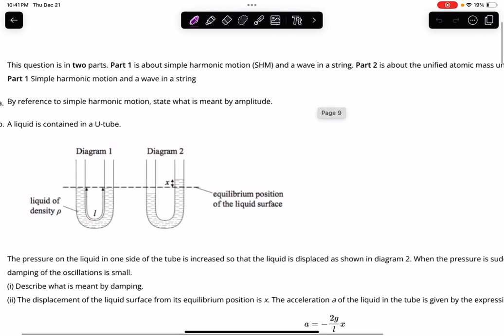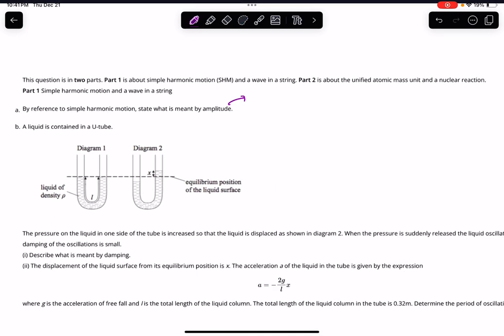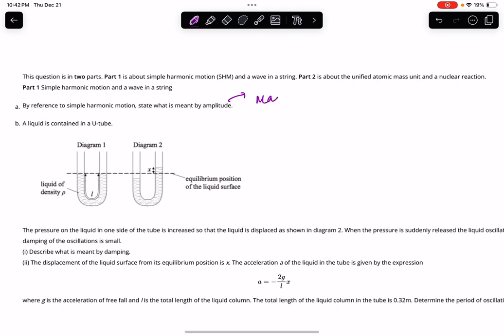So if we write it over here, the amplitude is nothing more than the maximum displacement from the mean position. So it's the maximum displacement from your given mean position.